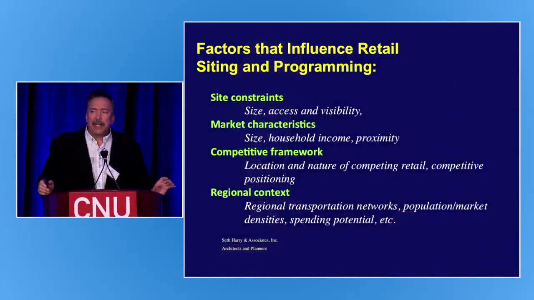It's something that we're going to focus on a lot when we get into the case study section of the presentation. And then the regional context, which will often determine where and how much retail, and how you can position your project relative to the other competitive offerings in the area.